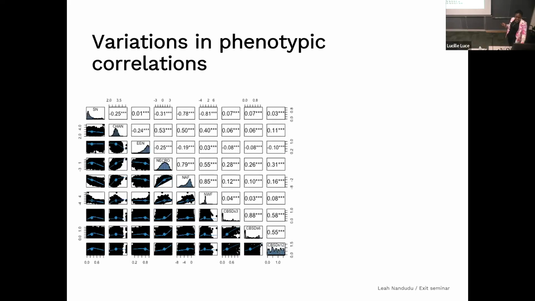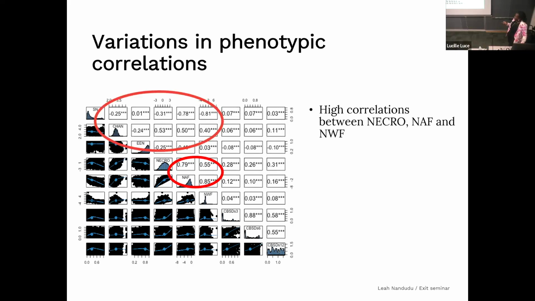So we went ahead to look at the variations in phenotypic correlations. And you can see again, just like you saw in the biplot for the genotype by trait interactions, that there are some traits that are highly correlated with each other, and then we have this bunch of traits that have moderate to low correlations.